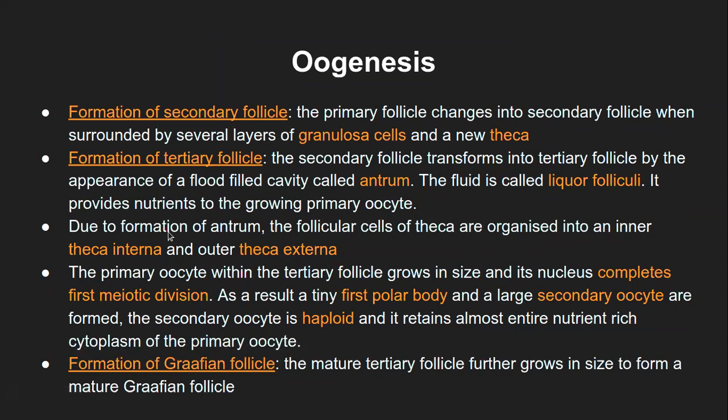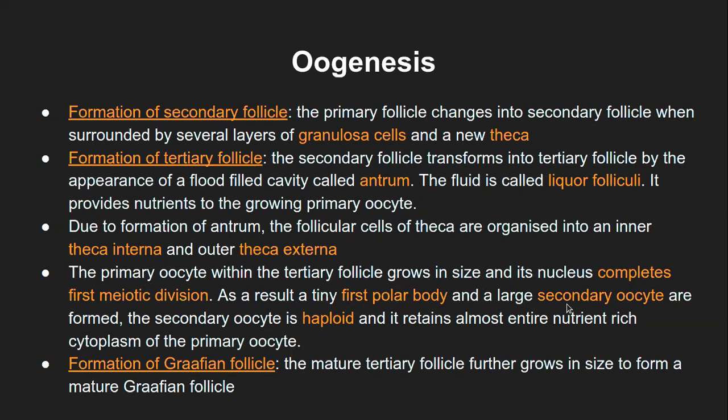So you remember, primary oocyte dividing by the first meiosis, forming the first polar body and the secondary oocyte. The nutrition does not go, or goes very little, to the first polar body, and the maximum of it goes to the secondary oocyte, and that is why it is unequal division, and that is why the first polar body is smaller and the secondary oocyte is larger.